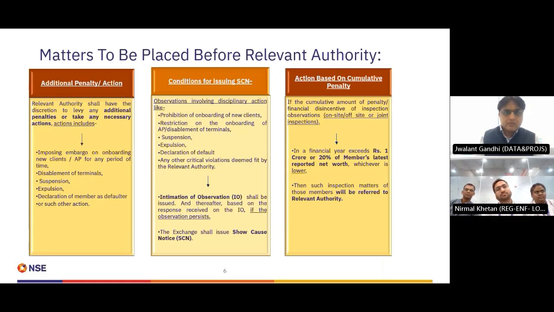This is for the inspection matters, not annexure 1.1 alone, because in case of a joint inspection or on-site or off-site inspection, the membership compliance related annexures would also be applicable, for all types of violations mentioned in all the annexures, not only in 1.1.